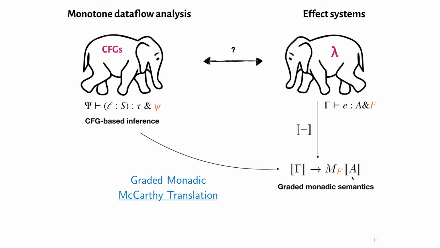We then pick a particular analysis, in this case live variable analysis, and show that we can give a graded monad which takes the information of a live variable analysis and really refines the semantics down. And this gives us a way of proving the correctness of the live variable analysis, essentially for free via a semantic technique.